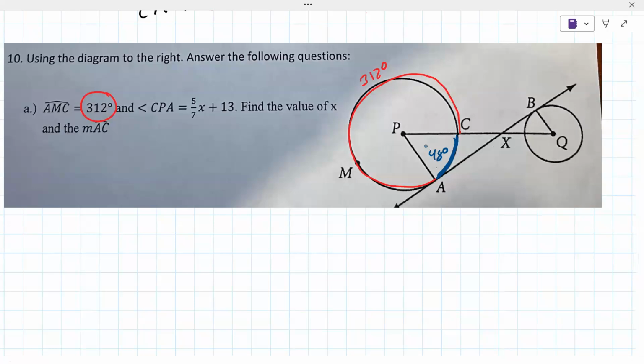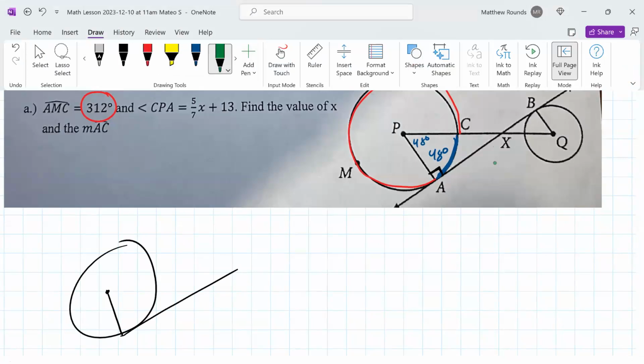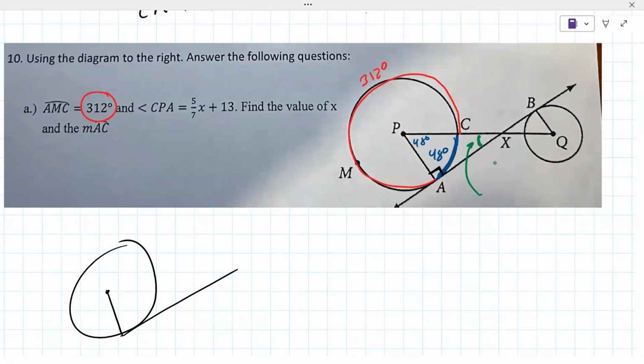Now, do you remember what the angle measure is when you have a tangent to a radius? It is 90. So this right here is 90, which allows you to find, I'll do it in green here, what is that angle? Is P included in this still? Yes, it's a triangle.